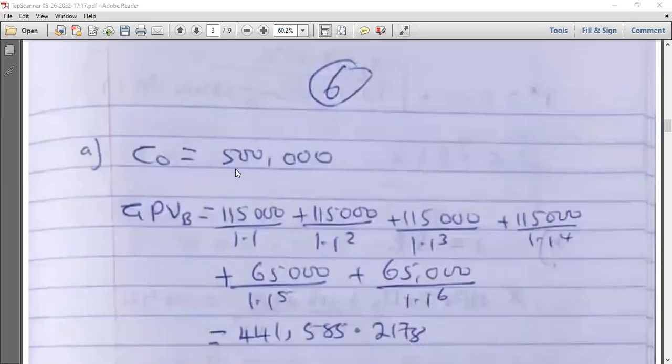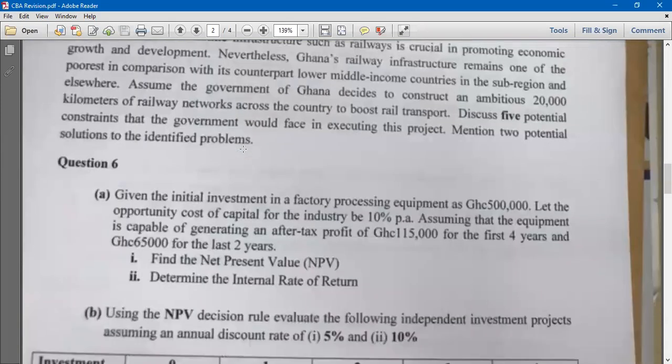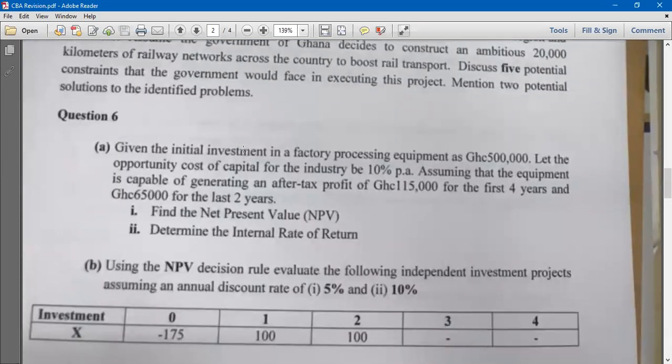All right. This one too was another IRR. Okay. Let's see. Question 6. Given the initial investment in a factory processing equipment as 500,000 Ghana cedis, let the opportunity cost of capital for the industry be 10% per annum.